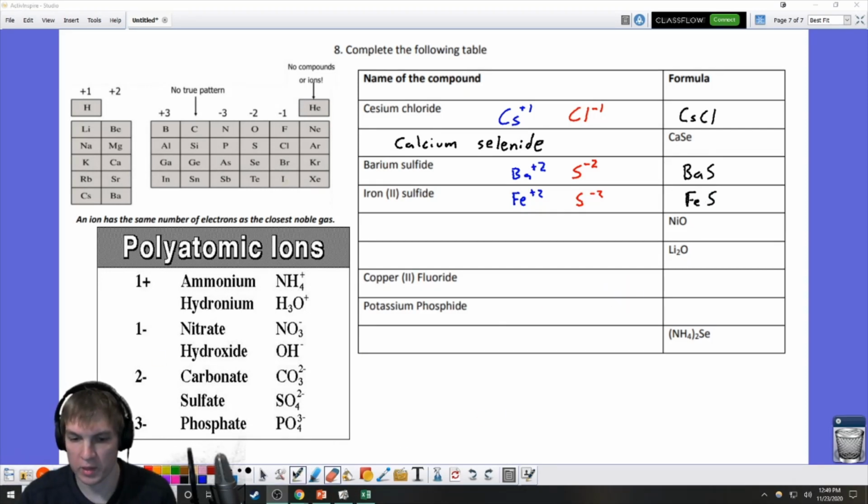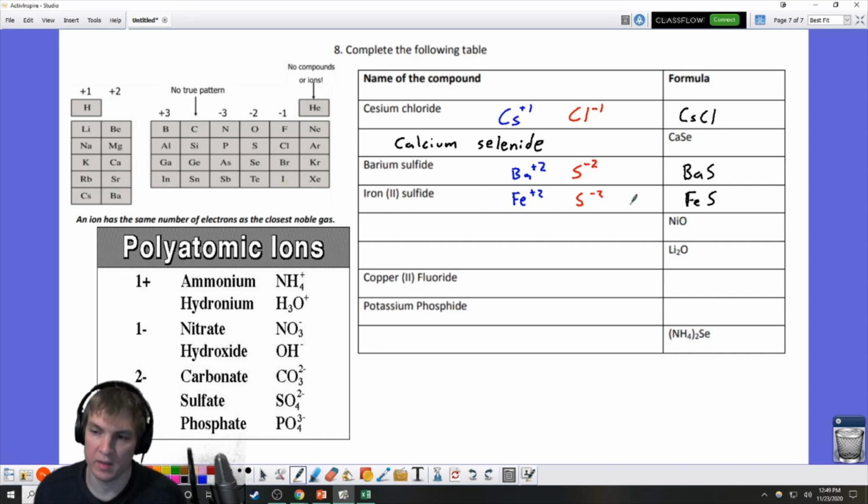All right, so for this next one, what we need to do is actually name this, but what we'll notice here is that the symbol Ni doesn't appear anywhere on this chart here. It actually does appear in the transition metals. That's the part that we actually skipped over right here. So when it does have a transition metal, we need to include the charge in the name.